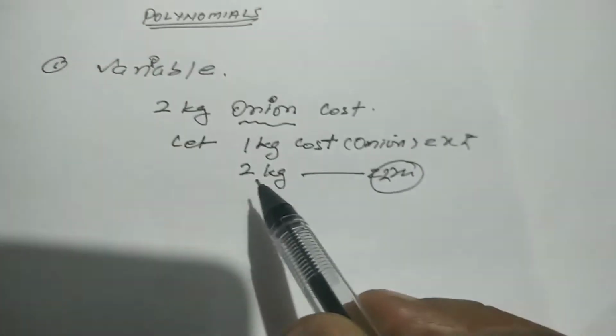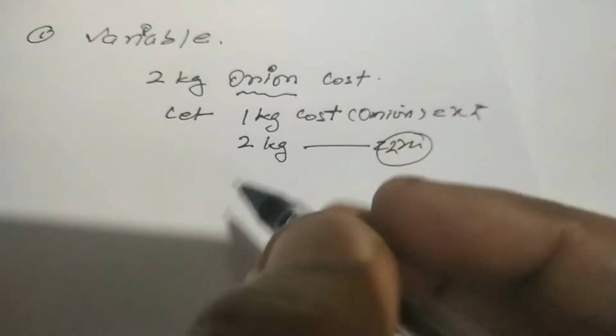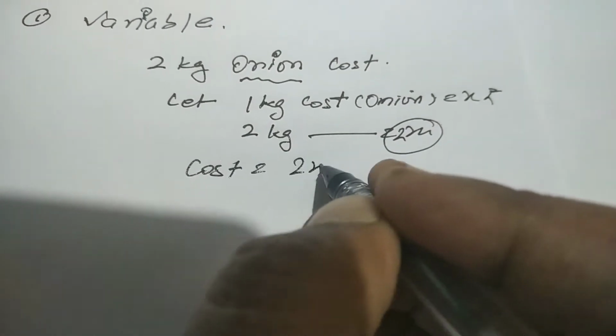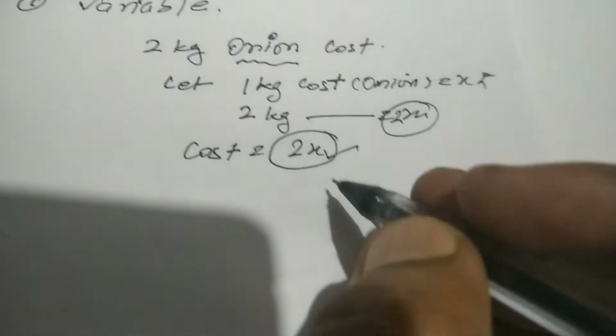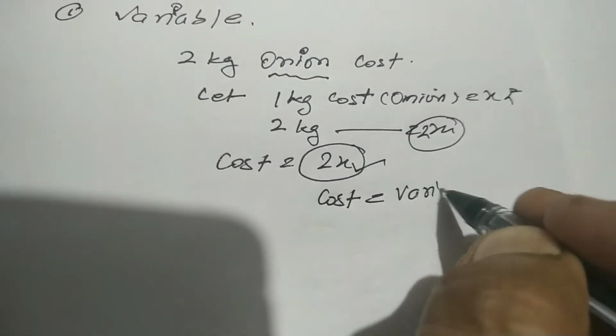Twice, for more values we multiply. This cost we have taken is 2x, and this cost of onion is a variable.